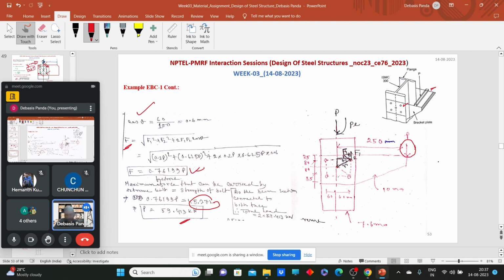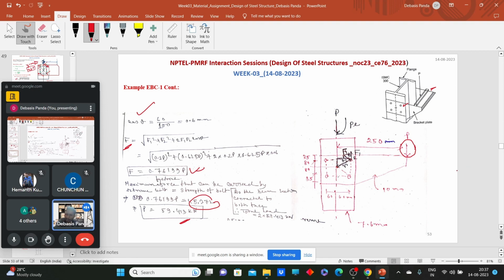We go for the symmetric one only. So in this way we can find out how much load this type of connection can carry safely.